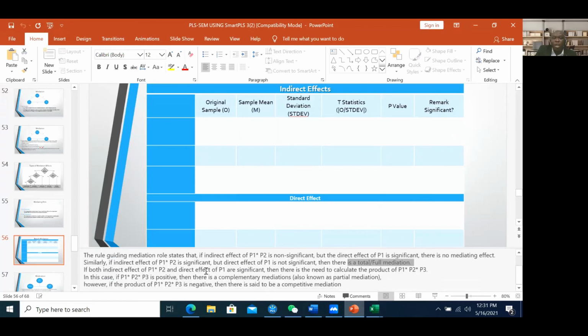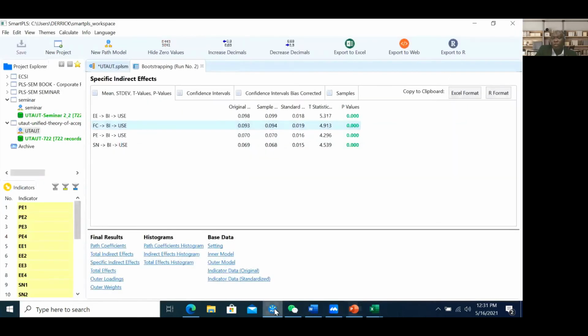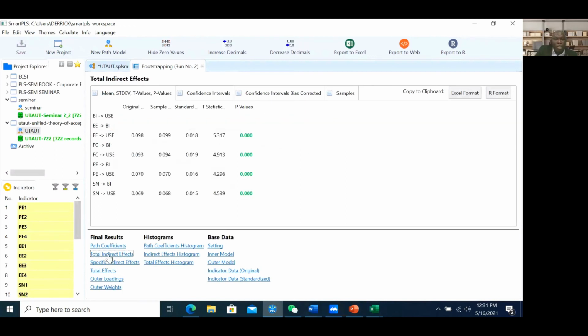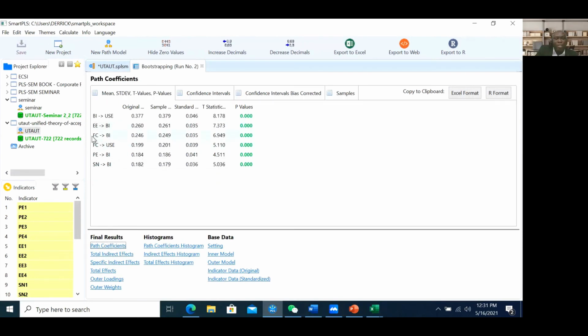The last one, if both indirect and direct effects are significant, then we have a partial mediation. So if you take the total indirect effect from FC to use, it is significant, and the direct effects FC to BI and FC to use are significant. So in this model, we have what we call a partial mediation.